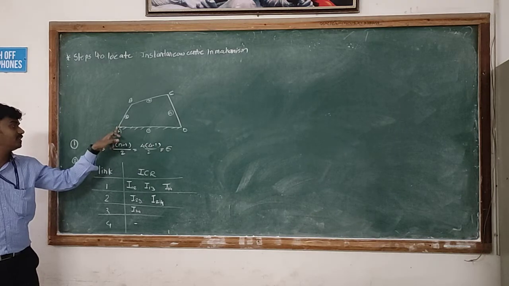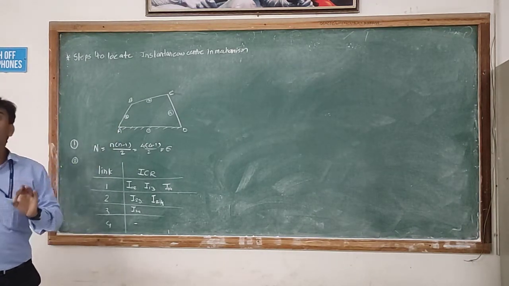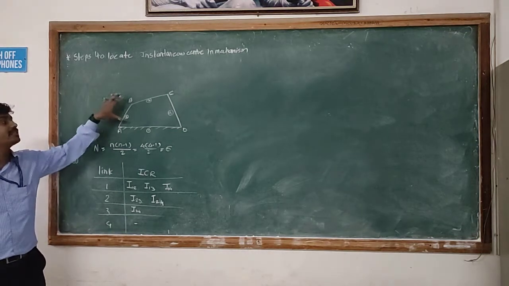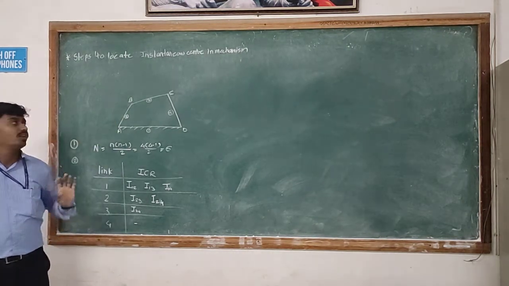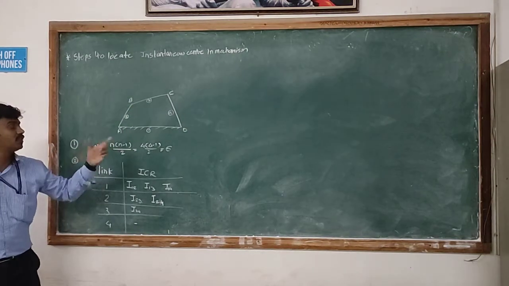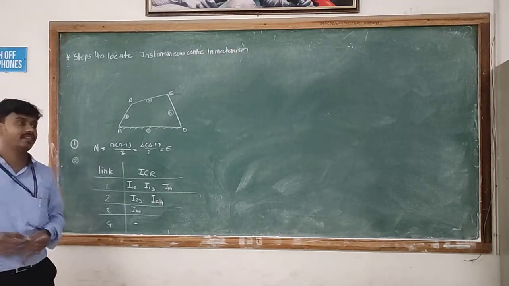Fixed ICR means this instantaneous center will not change its position when the mechanism changes its position. Even if the mechanism moves, the instantaneous center will not change its position. It is called the fixed instantaneous center.